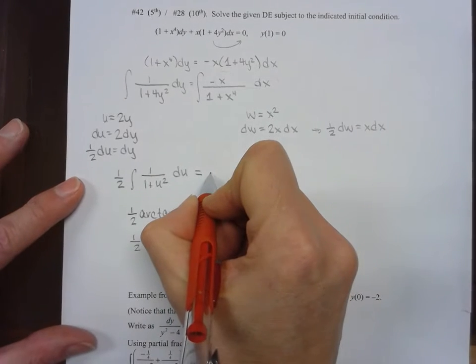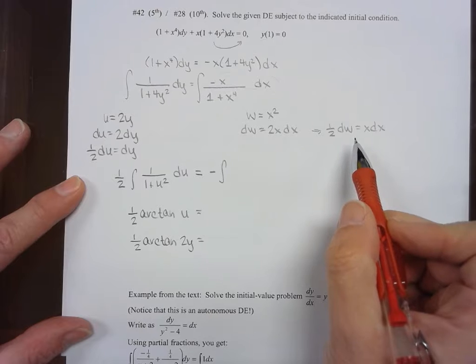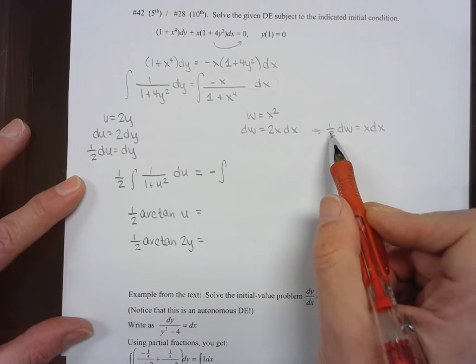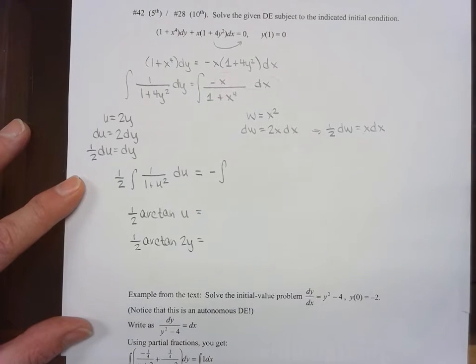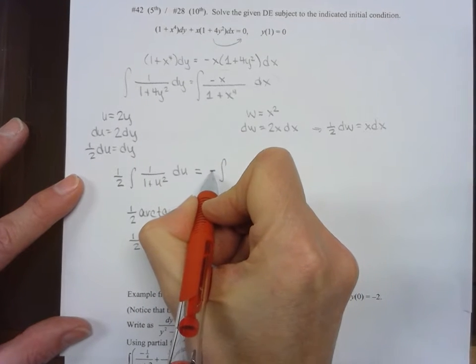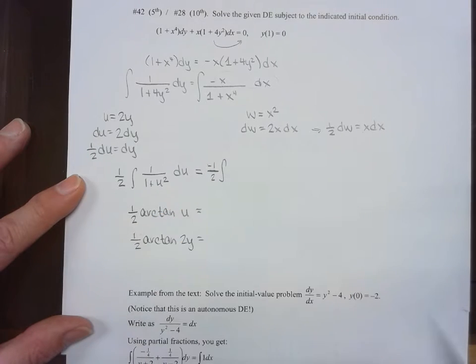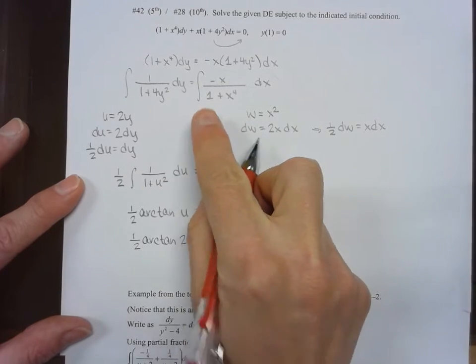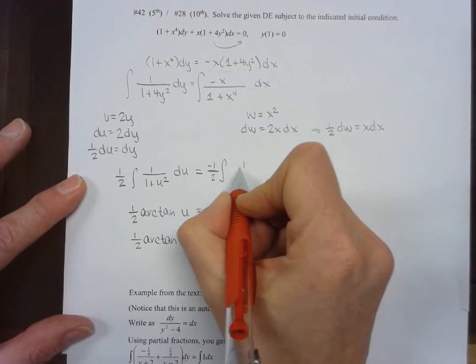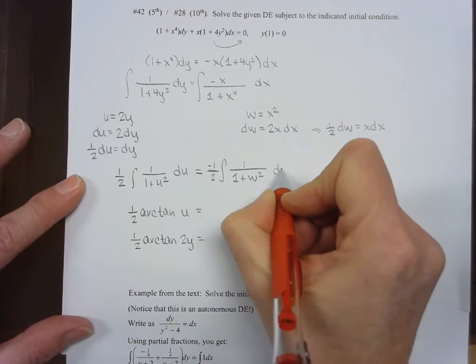I'll bring the negative all the way out in front. So we would have negative the integral, where x dx is being replaced by 1/2 dw. I'm going to bring that 1/2 all the way out in front, so negative 1/2, and then I would have 1 over 1 plus w squared dw.